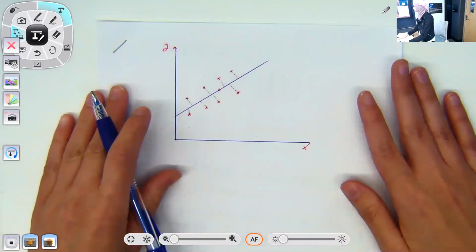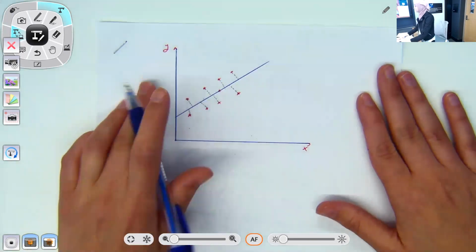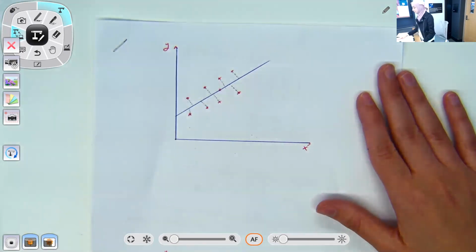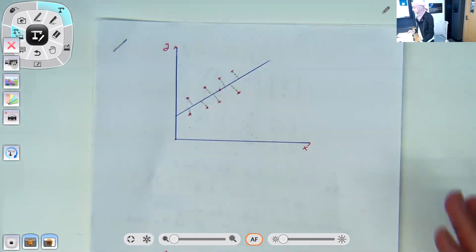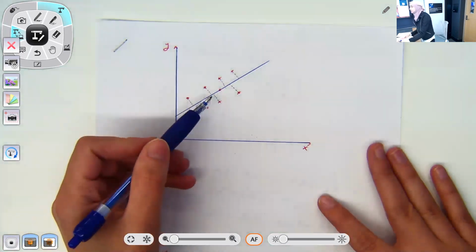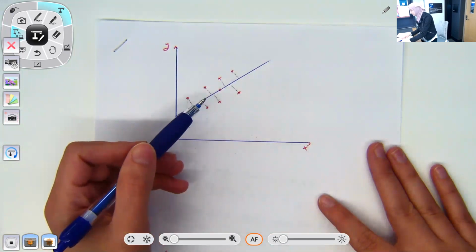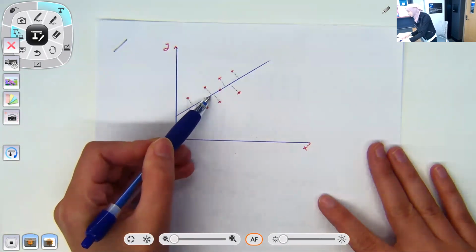In general, if you have data between x and y, and we have random points, we try to find the best line, and we try to fit this line to the data. The easiest and most familiar method which we can use is least squares, which means minimizing the difference between the observed point and the predicted point.